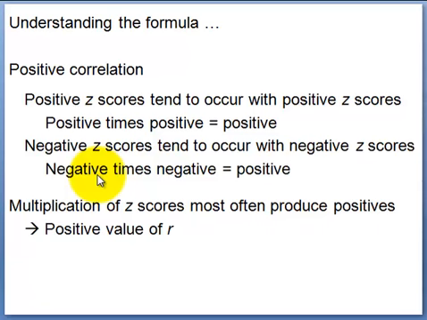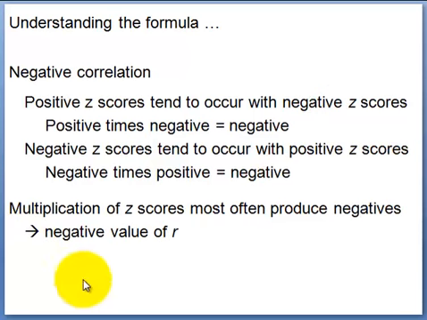And a negative times a negative yields also a positive. So the formula churns out a positive value intuitively because positives are going with the positives and the negatives with the negatives, and the cross products are most often positive, so you sum them up to get a positive value, and therefore a positive r, which is to say an r greater than 0.